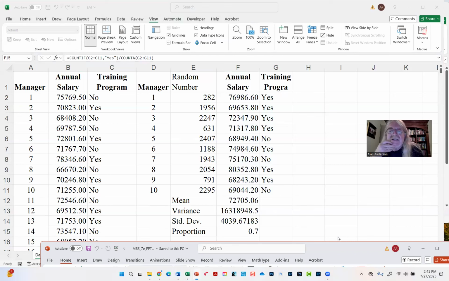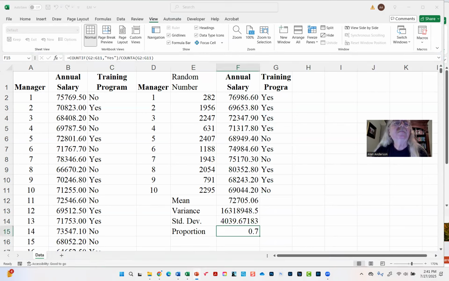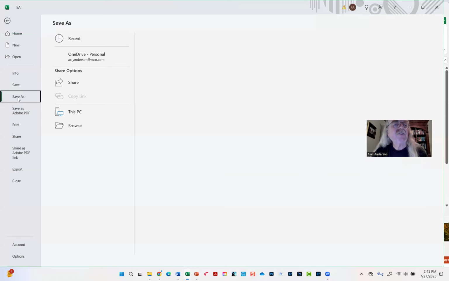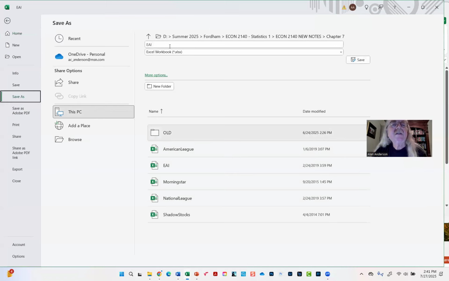Wow. Okay. So now we can see how sampling is working and how we can use its results to understand what's going on in the entire population. And we also learned some cool new Excel commands. Actually, let me do one thing real fast here.